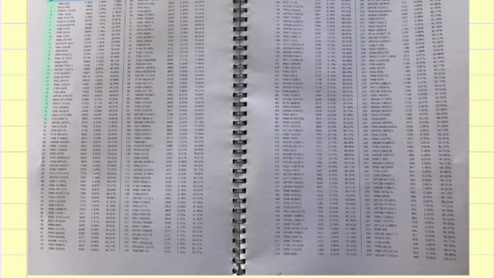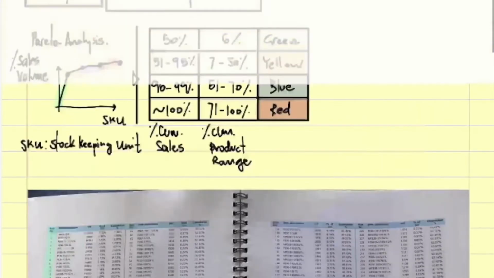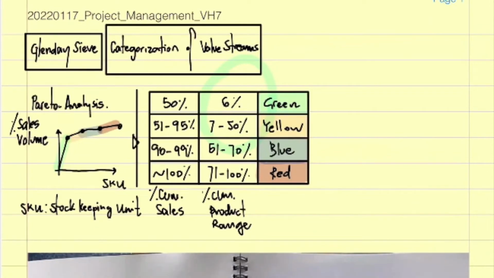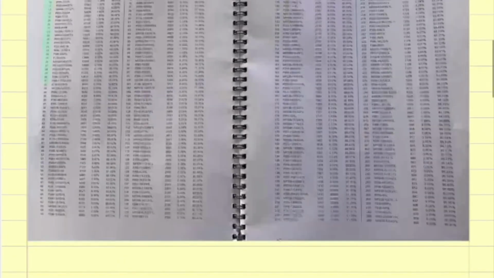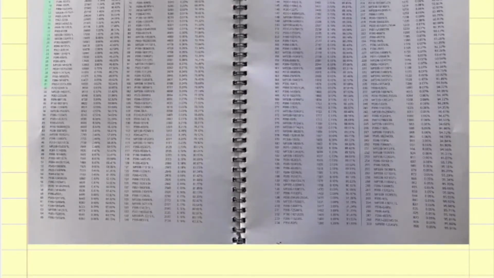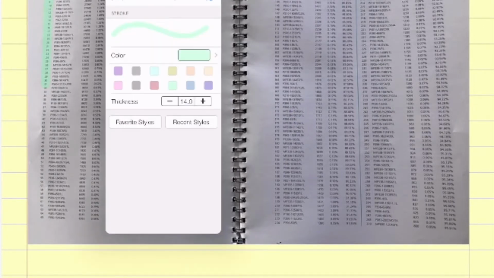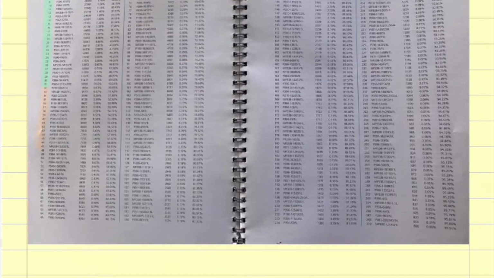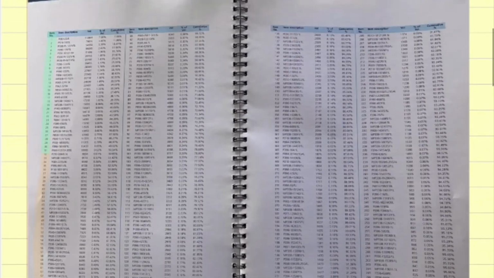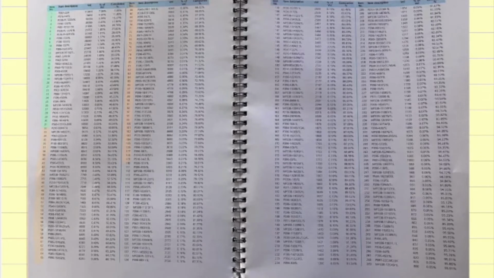Okay? As I said, 6% here, you see? So to 50%, we have 262. So until the SKU 262, we have the yellow stream, which is basically all the rest of our first, or almost 262. Okay, so all these SKUs belong to the yellow value stream.